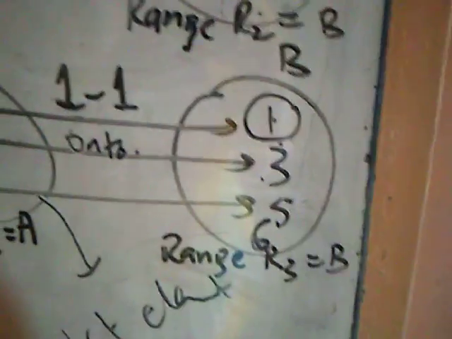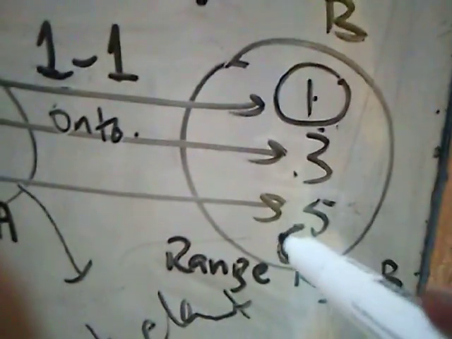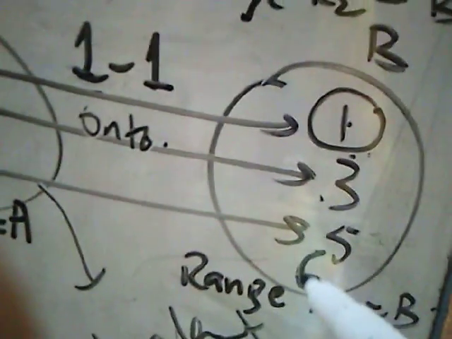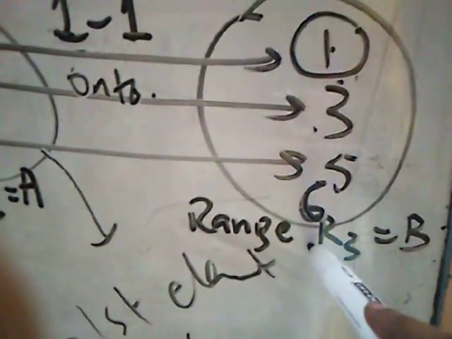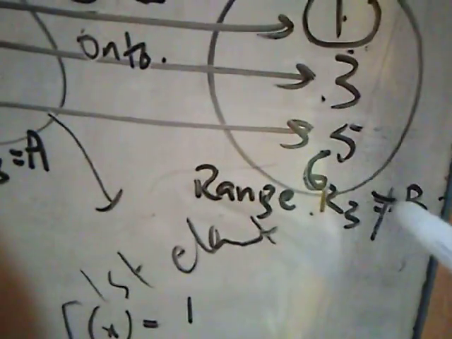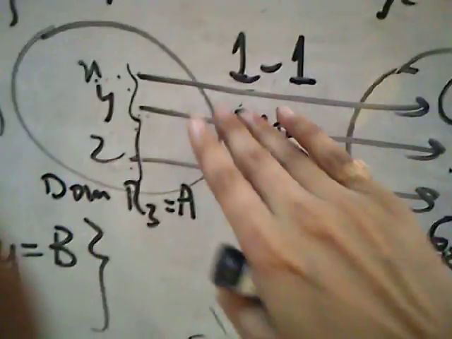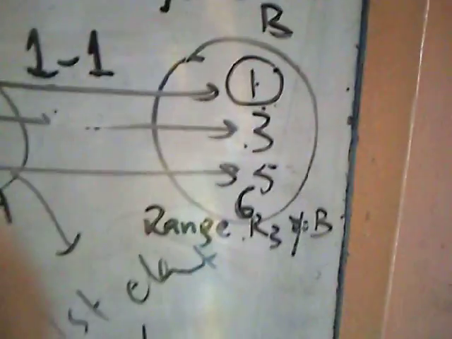And the fourth element, which is 6, is left out. It is not mapped. So in this condition, the range of the relation R3 is not equal to set B. So this is 1-1, but this is not an onto function because the range is not equal to set B.